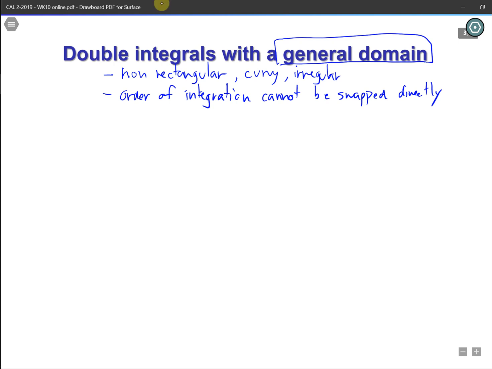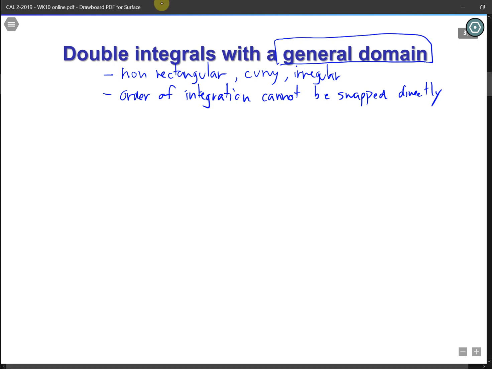So let's say that this general domain has two types, type 1 and type 2.